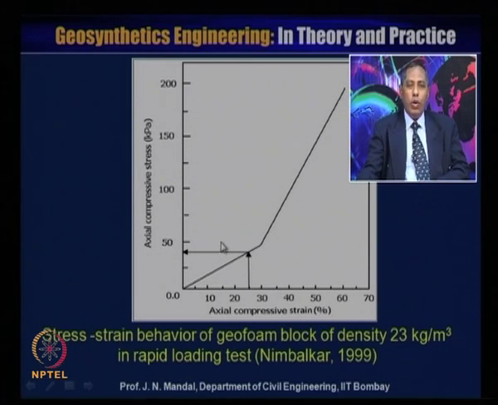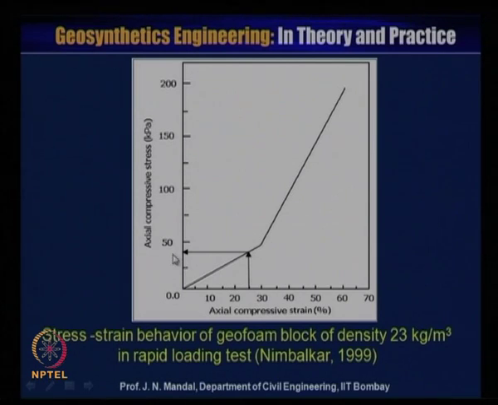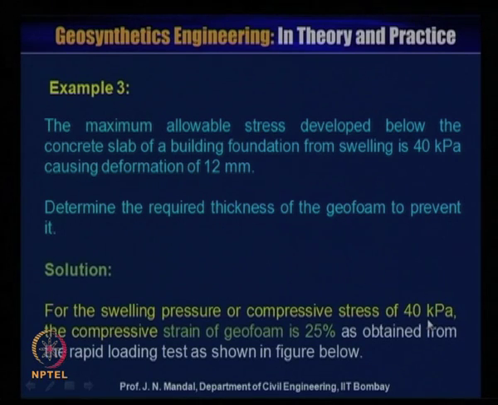So you know that in your problem the stress is 40 kilopascal. So you check from this curve, for 40 kilopascal, what will be the axial compressive strain. So here is the axial compressive strain. It lies between 20 and 30, so it will be 25%. So that's why for 40 kilopascal the compressive strain of the geofoam is 25%.